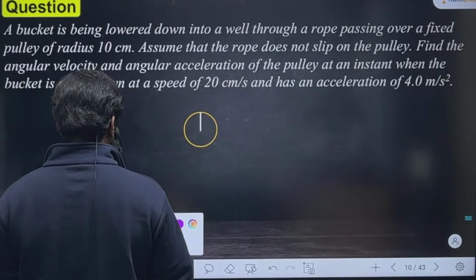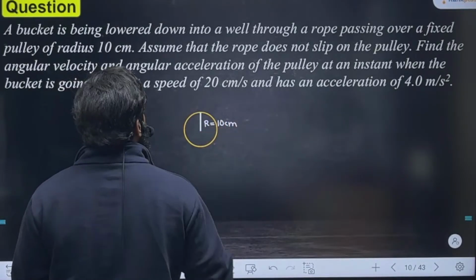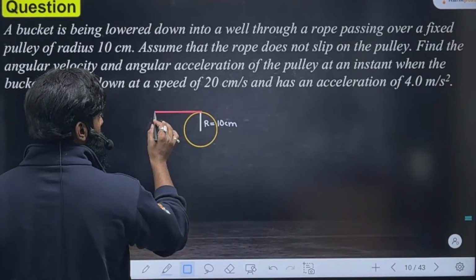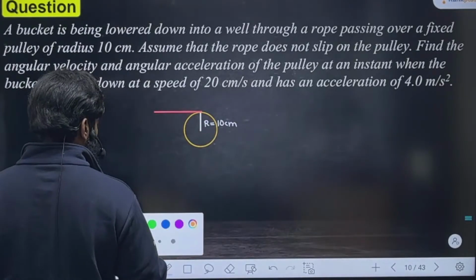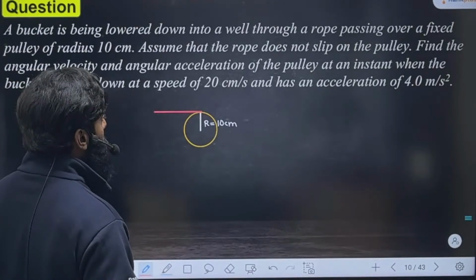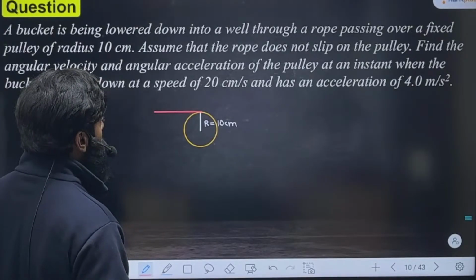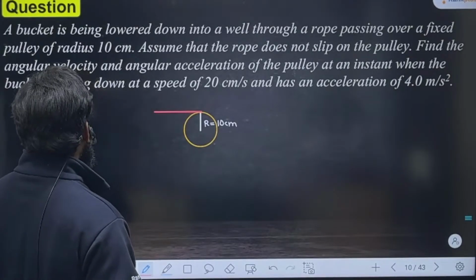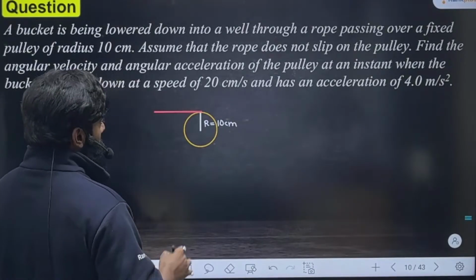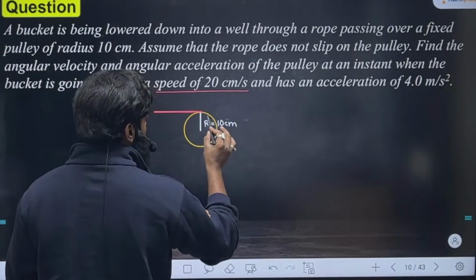Assume that the rope does not slip on the pulley. Find the angular velocity and the angular acceleration of the pulley at an instant when the bucket is going down at the speed of 20 centimeter per second and has an acceleration of this much.